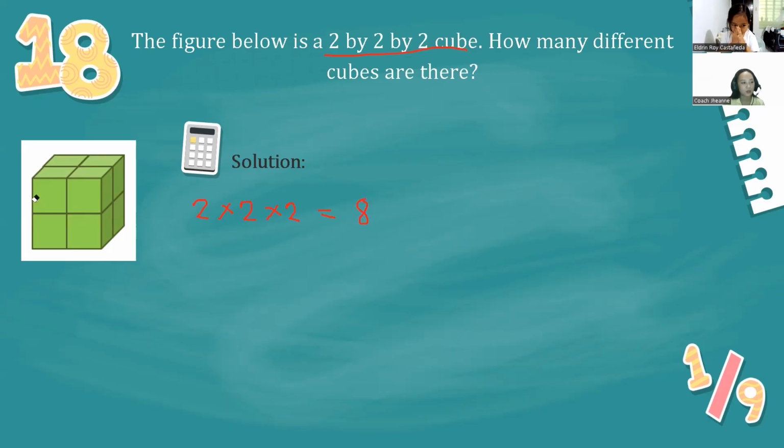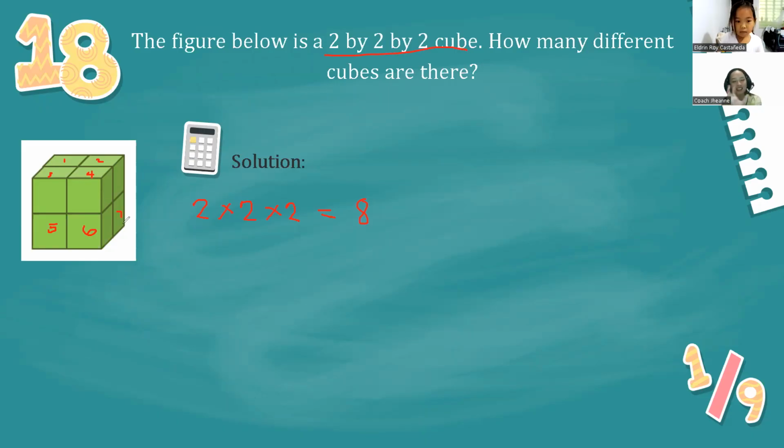We have here 1, we have 2, 3, 4, 5, 6. Then we have 7 here.